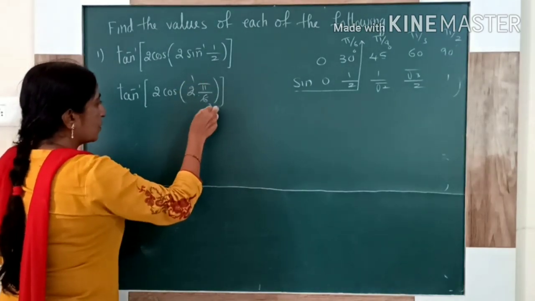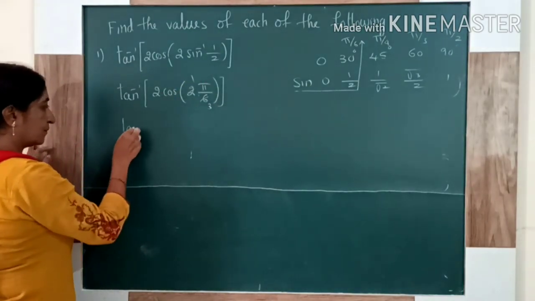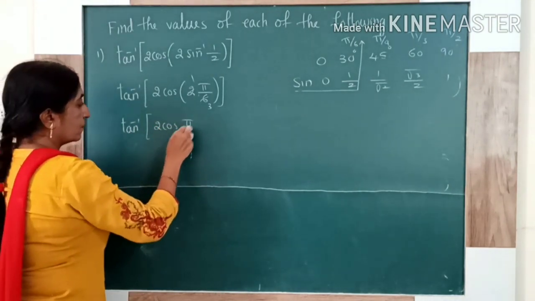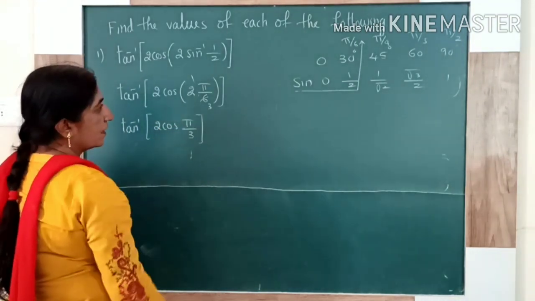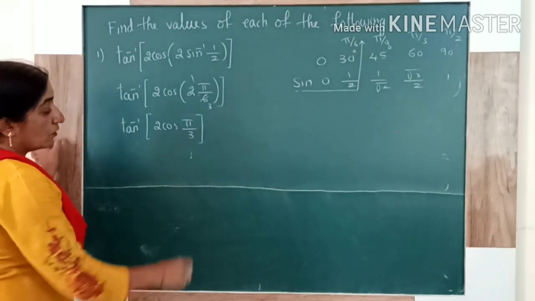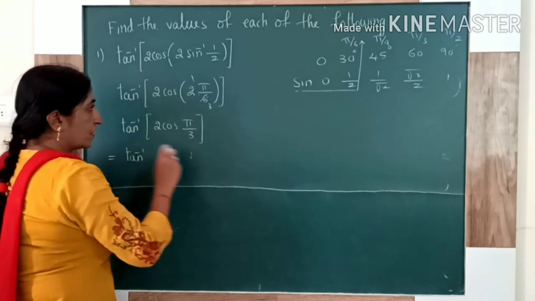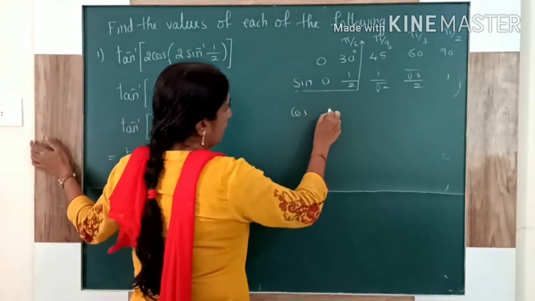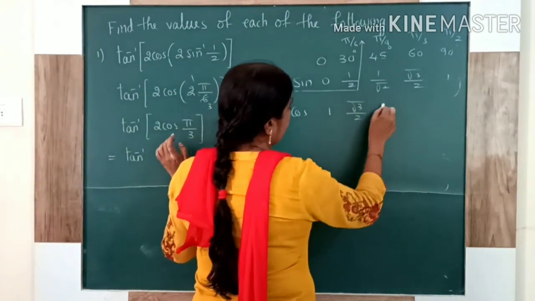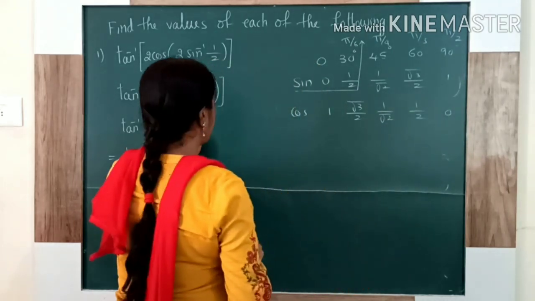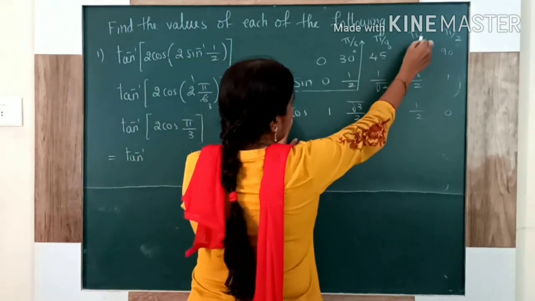With cancellation, we go for that cancellation. We get cos pi by 3. Pi by 3 is 60 degrees. What is cos 60? All of you are thorough with that. Otherwise, I am writing the cos values here: cos 30 degrees, cos 60 degrees.